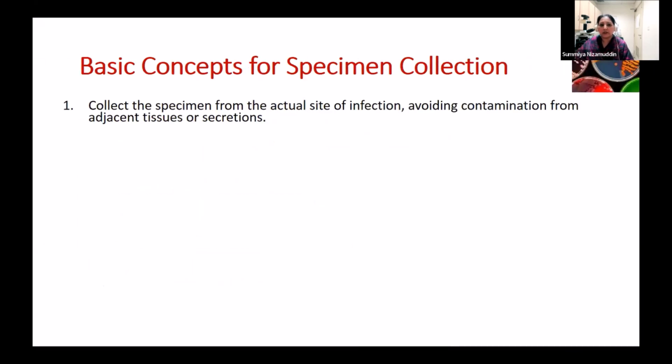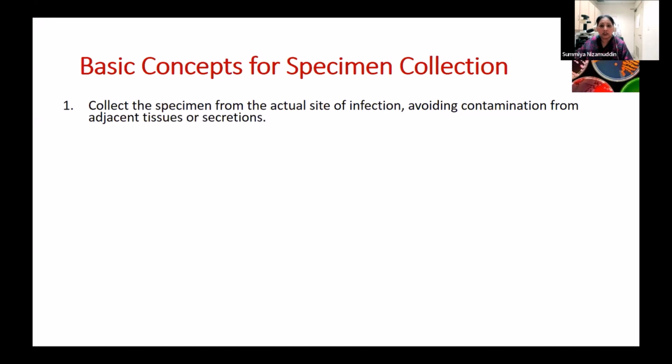So basic concepts for specimen collection: collect the specimen from the actual site of infection and avoid contamination of adjacent tissues or secretions. So this is once again very important. For example, if you have a patient with, let's suppose, a prosthetic joint infection, do you want to take a superficial swab in that particular case, or would an actual debridement sample or perhaps tissue or biopsies be the right sample to send in that scenario?